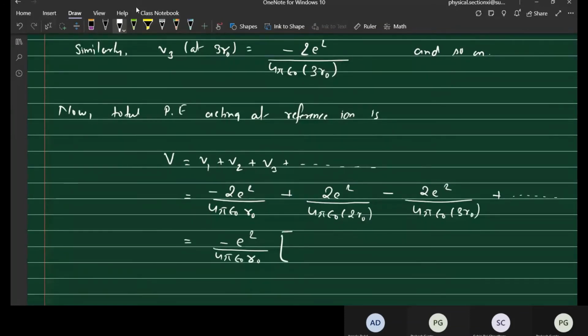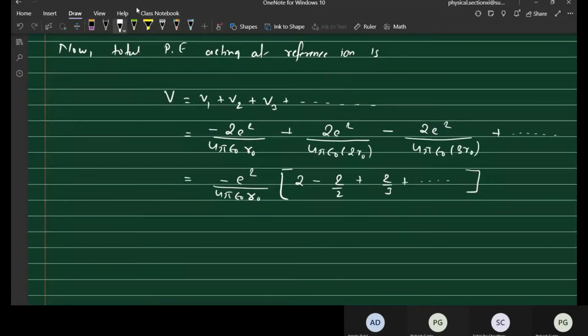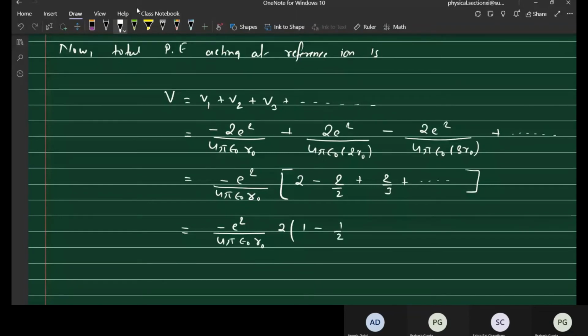This is the common quantity. And first term 2, second term 2 by 2, third term 2 by 3, and so on. So this becomes minus e square by 4 pi epsilon naught r naught, 2 times 1 minus 1 by 2 plus 1 by 3 minus and so on.